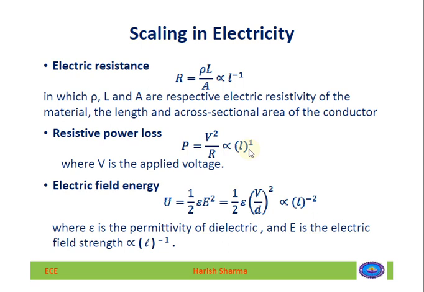For electric field energy, U is equal to half epsilon E square, where E is the electric field, V by D. For a given voltage, U is proportional to L raised to power minus 2, where epsilon is the permittivity of the dielectric.